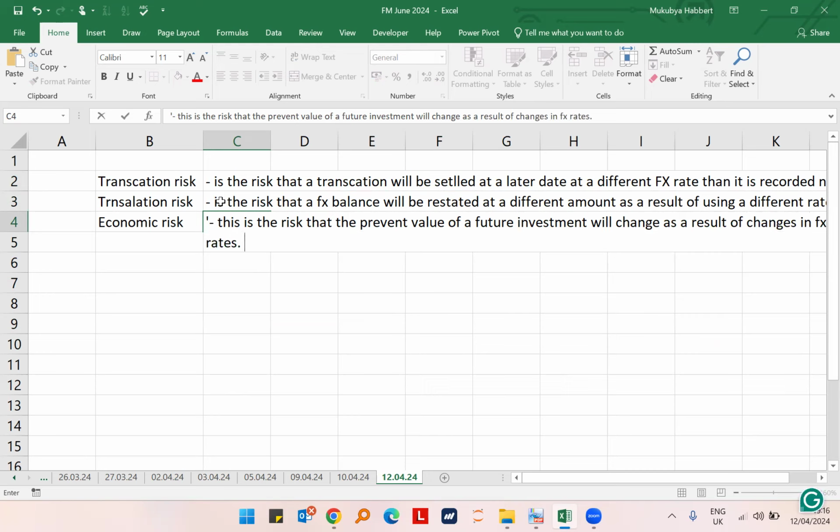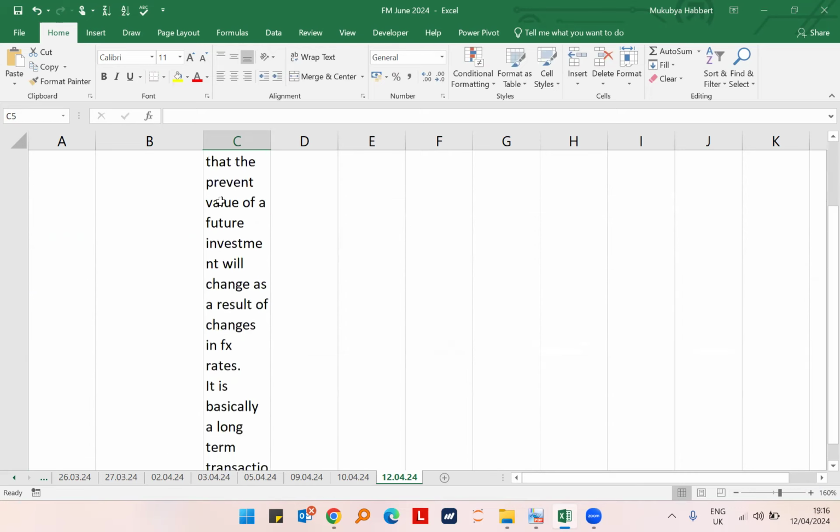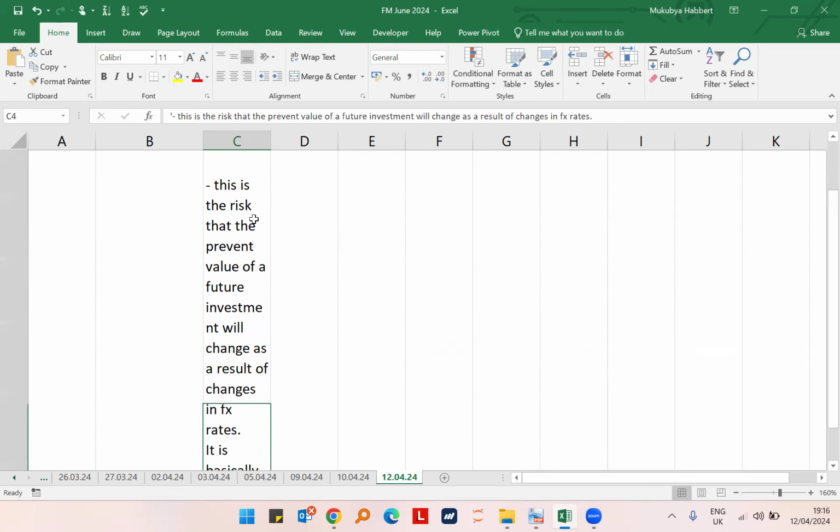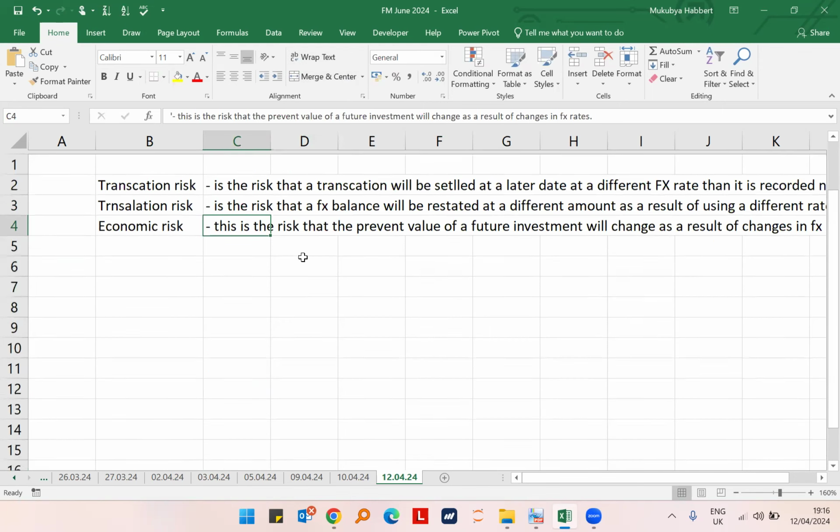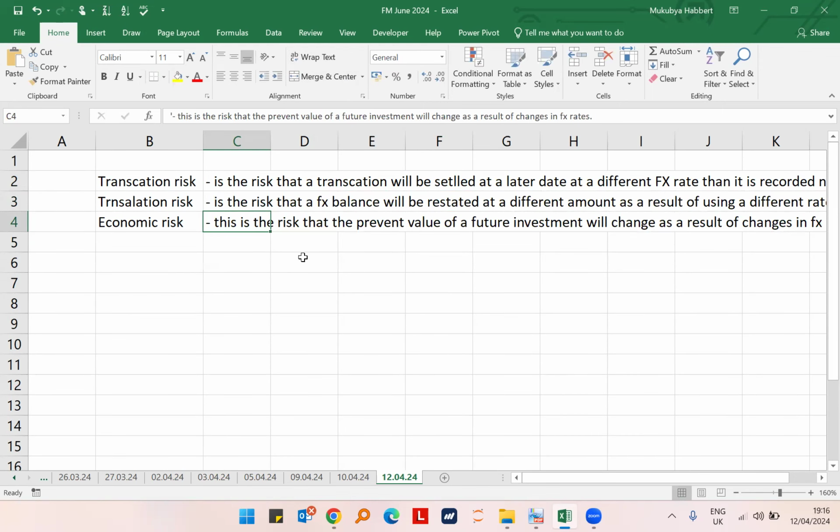You can also add that it is basically a long-term transaction risk. So you can see that these are easy marks for us to get. In actual sense, you should not be expected to really fail at getting these marks. Those are 6 marks, very easy marks to get.